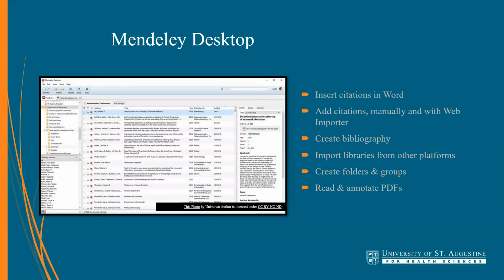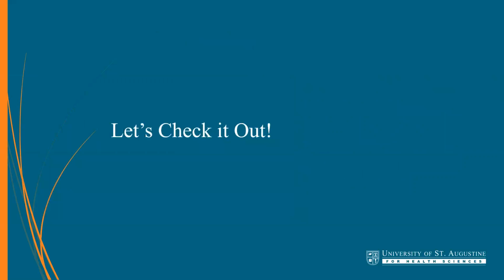There are actually 2 ways to do it, and you can do it from your desktop library, as well as while you are writing in your Microsoft Word document. You can create bibliographies, you can import libraries from other platforms, create folders and groups, and read and annotate PDFs as well.